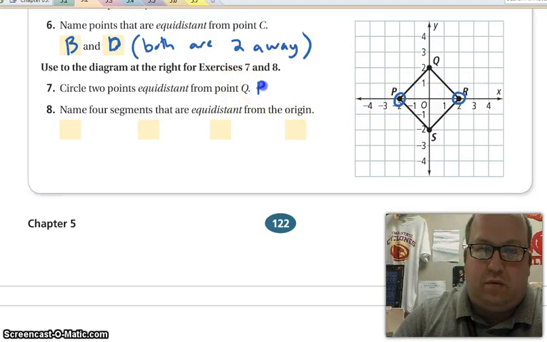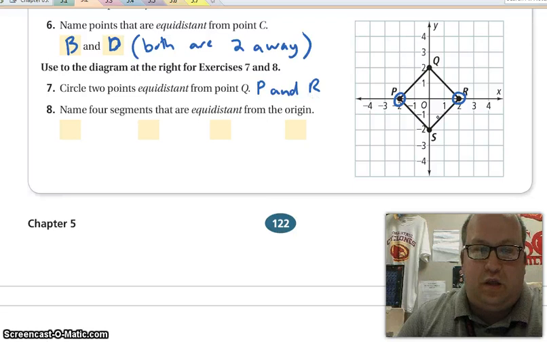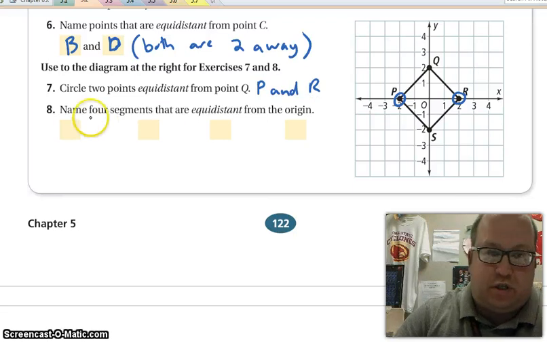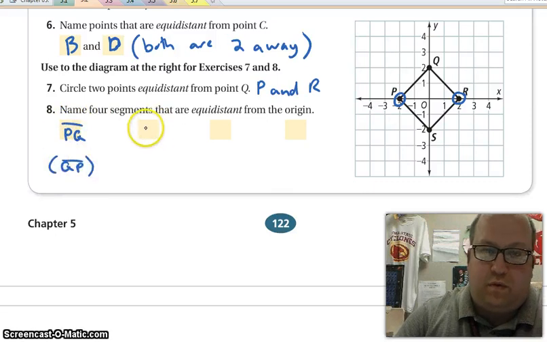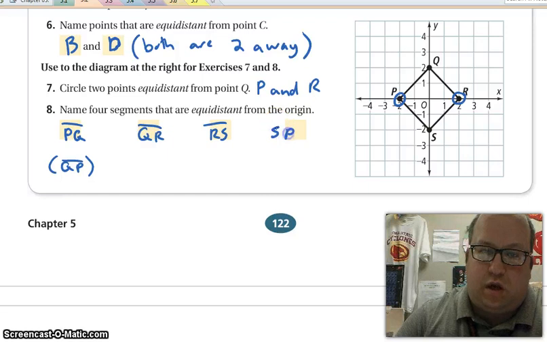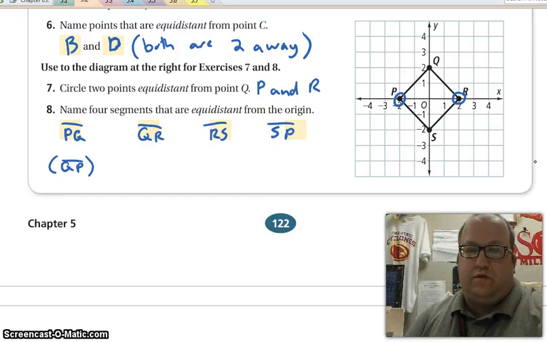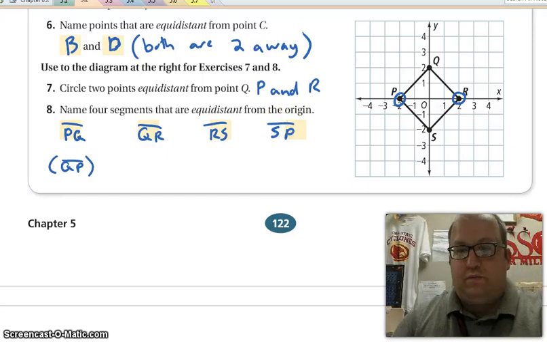So we've got P and R. Name 4 segments that are equidistant from the origin. PQ, and again, you could call that QP, that's fine. QR, RS, and SP. There's 4 segments that are equidistant from the origin.